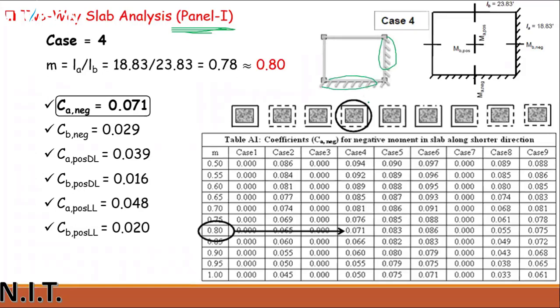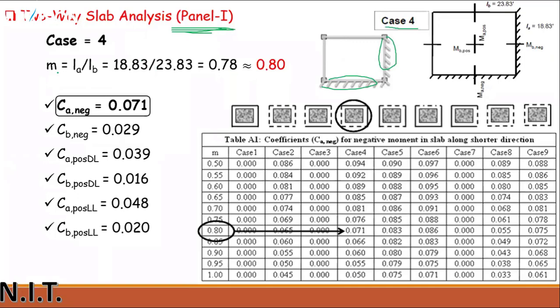Find out which case this is. Only one LB side is continuous and one LA side is continuous. So find out over here, this is case number 4. Case number 4 quite matches panel 1. So it is decided that this is case number 4.